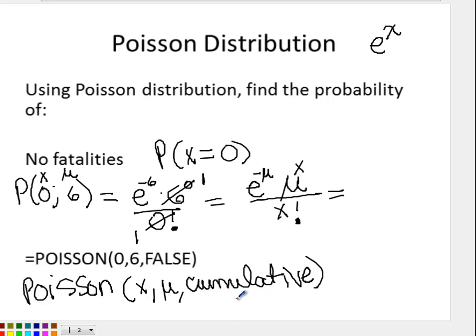This is when you will use cumulative, it would be set to true. If you just have an equal sign, cumulative will be set to false. So that's why I have the word false here. So when I did it by hand, I got 0.0024. And you're going to get the same answer when you do it in Excel. So the probability that there's no fatalities is 0.0024.